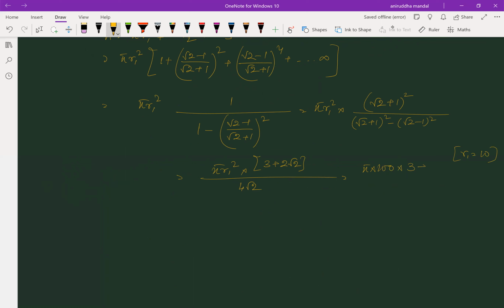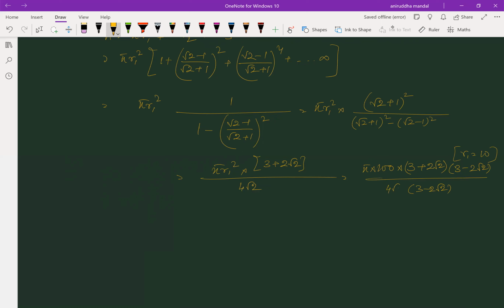This is 3 plus 2 root 2, and the options are given as 3 minus 2 root 2, so we rationalize the numerator actually.